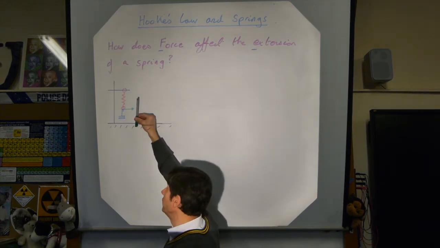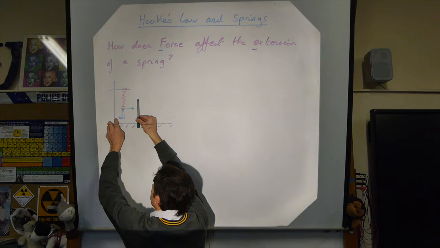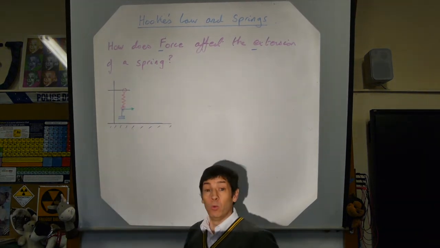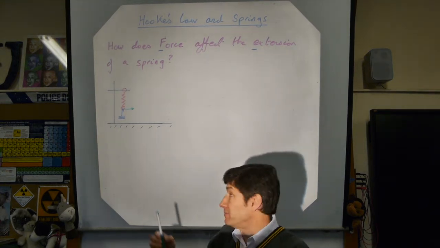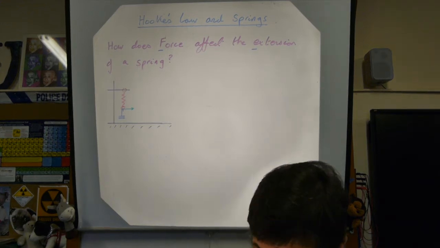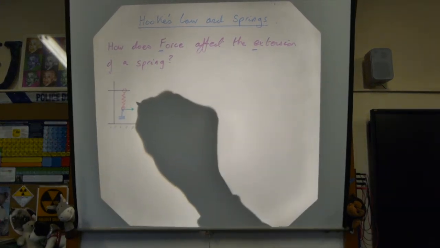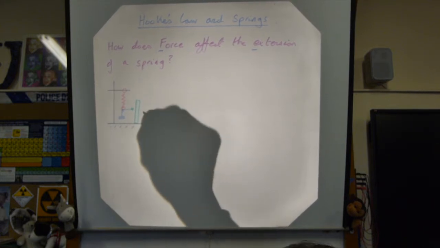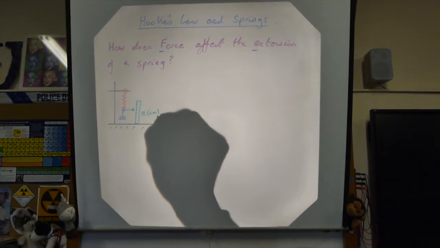The ruler is going to be vertical, and when I take those masses off, the little arrow here will be lined up with the zero on the ruler. So here's my ruler. More correctly, it's a rule, but never mind. There we go. And that's going to be calibrated in centimetres, so that's going to be the extension in centimetres.